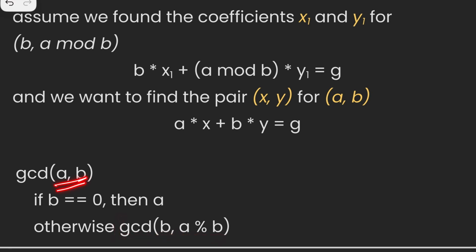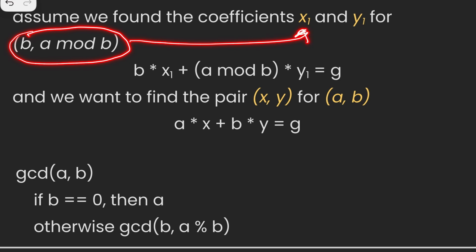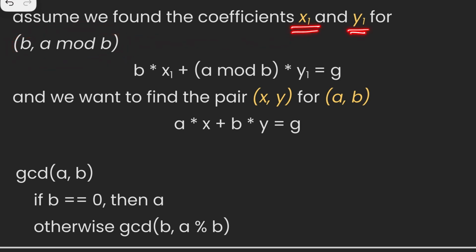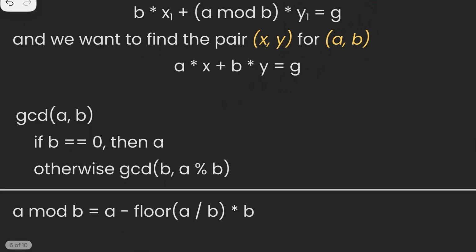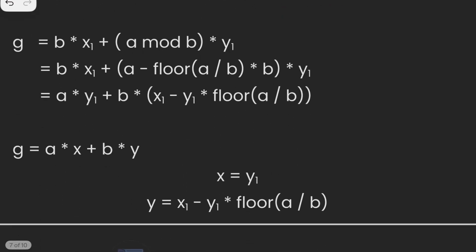To find the solution for a comma b, the recursive call is b comma a mod b, and we are assuming for b comma a mod b we have found the solution, and those solutions are x1 and y1. Now based on these two values, can we represent x and y? Well, we managed to do that.